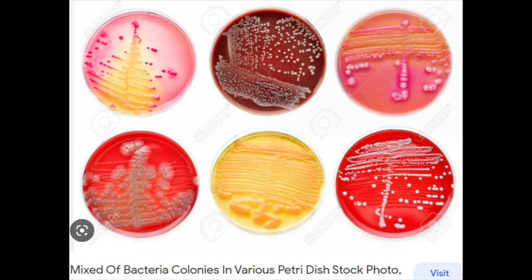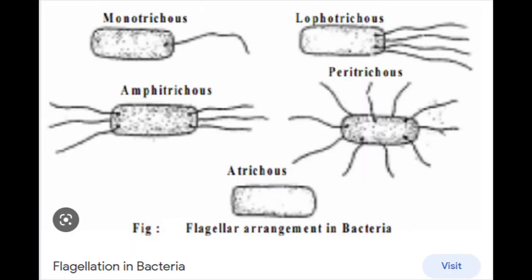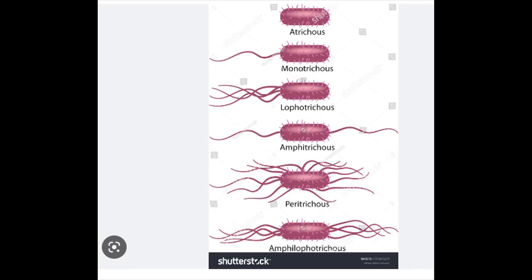Then another of the amino acids is D-alanine, A-L-A-N-I-N-E. Another of the amino acids are D-glutamic acid and lysine or diaminopimelic acid, DAP.